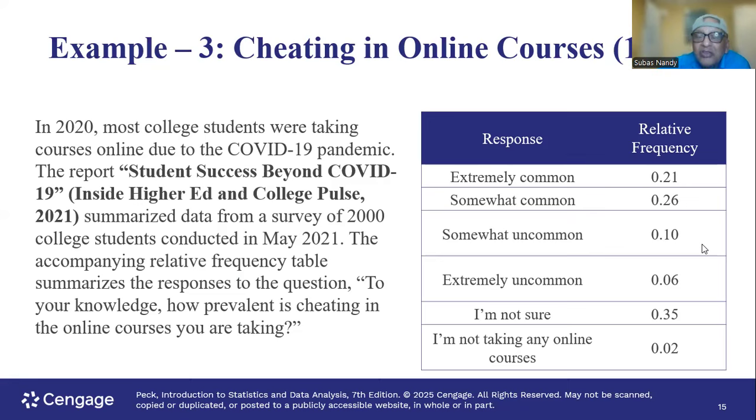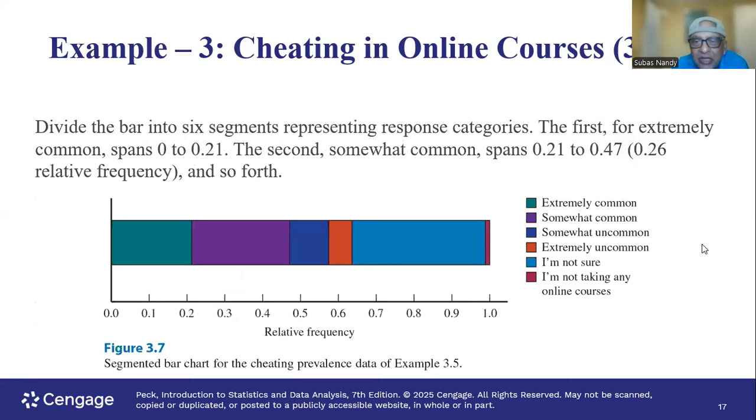So 1 is the sum of all relative frequencies, and you then divide it into different categories, as will be done over here. So the total length of the bar is 1, and it is divided into categories depending on the relative frequency of each category.